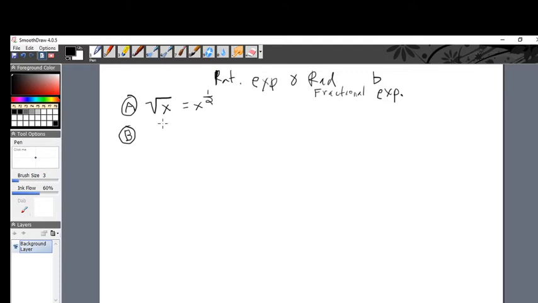Let me show you a little pattern and you'll see how this works. What if I ask you about turning a cube root of x into a fractional exponent? There's a relationship between radicals and exponents. The square root of x is the same thing as x to the 1/2. The cube root of x, you can start guessing it. It's x to the 1/3. The number that appears inside the radical is going to be the denominator.